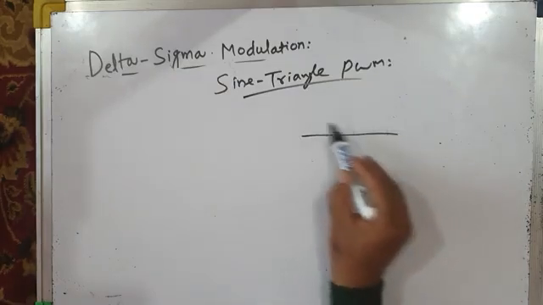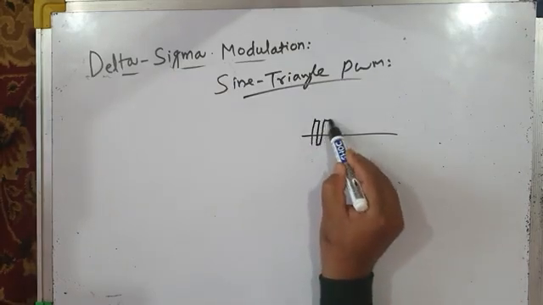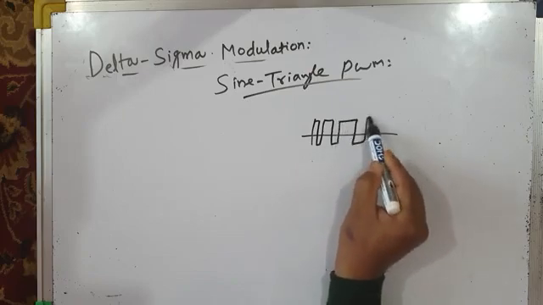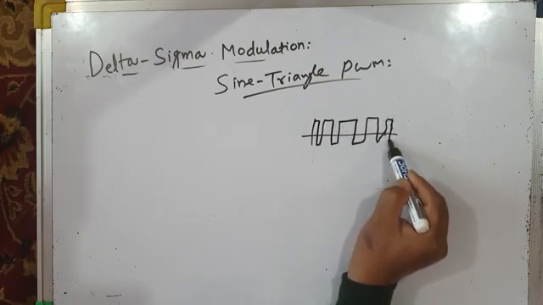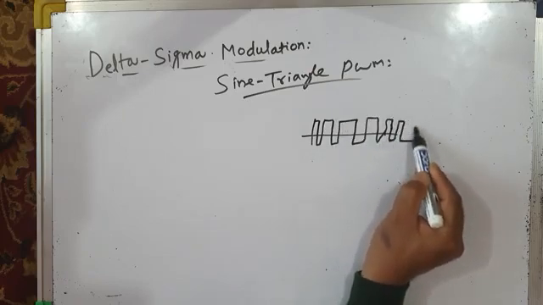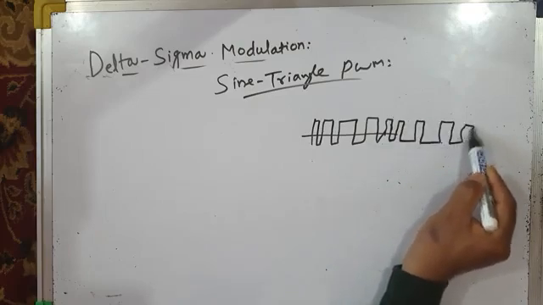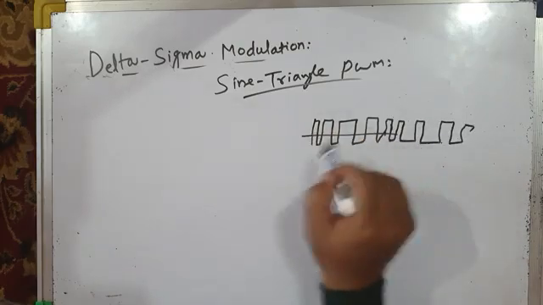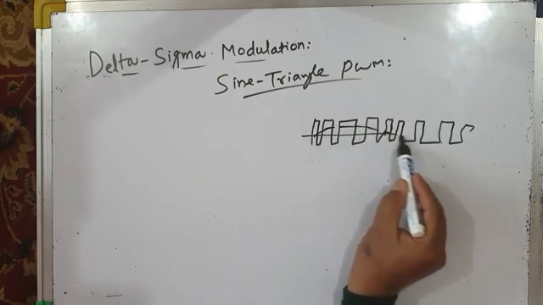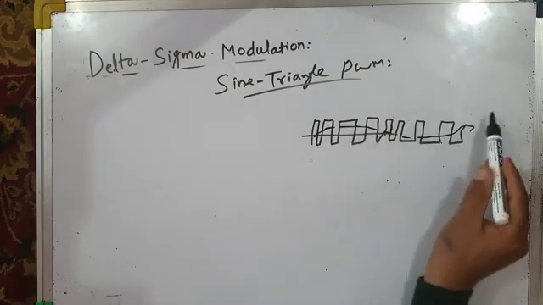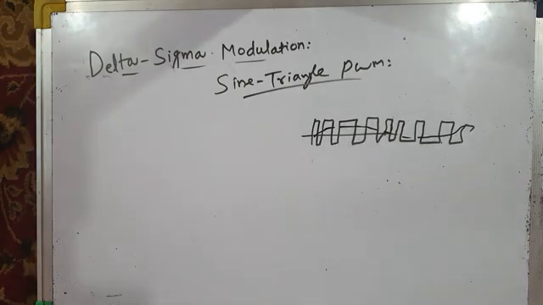Sine triangle modulation also gives us pole voltage like this, positive half cycle and then negative half cycle like this. And delta sigma modulation also gives us pole voltages like this, whose instantaneous average values vary sinusoidally. What is the difference between the two, and which one is more advantageous?